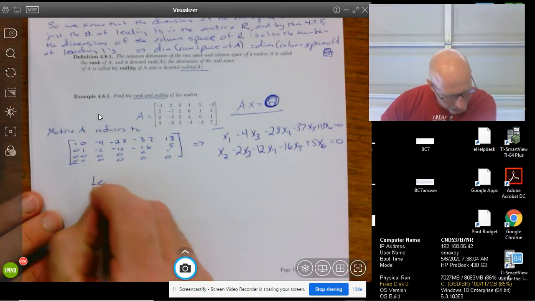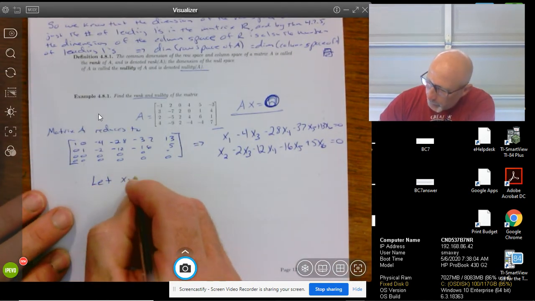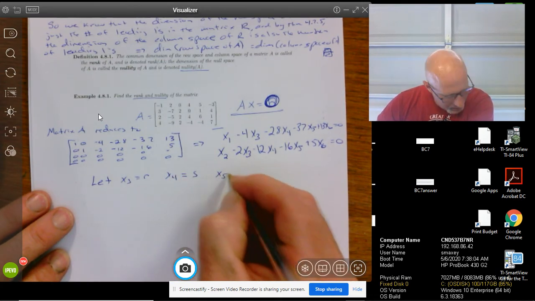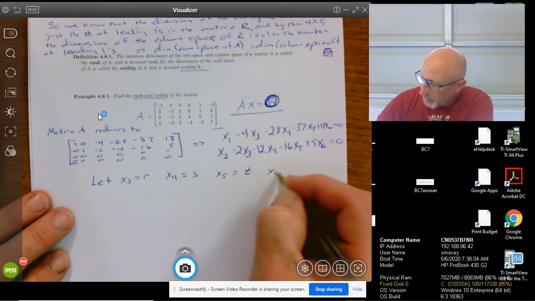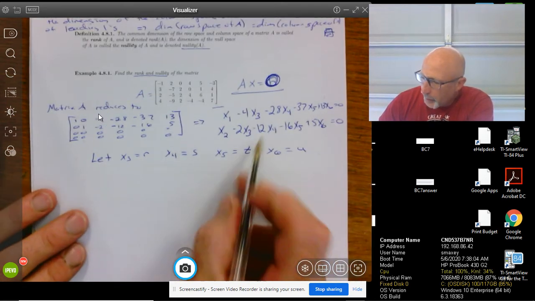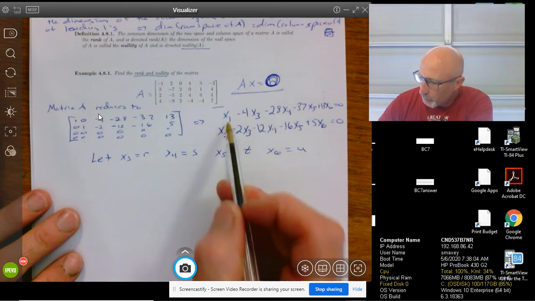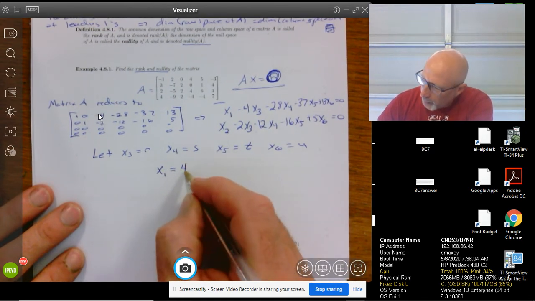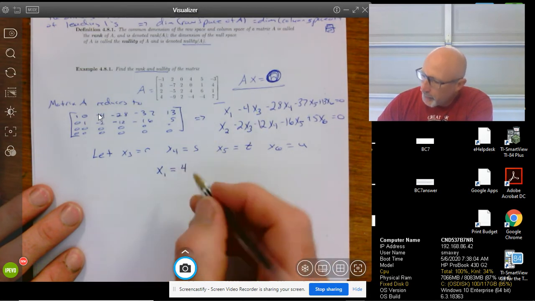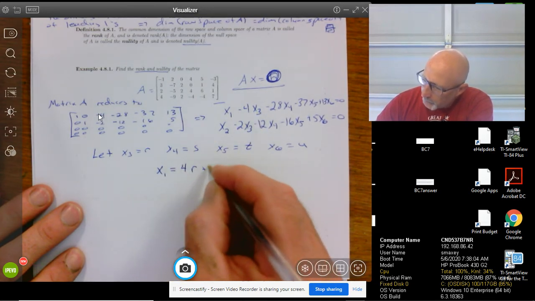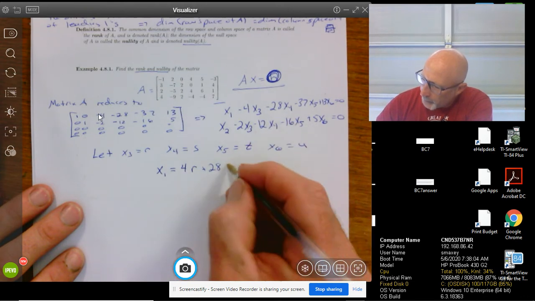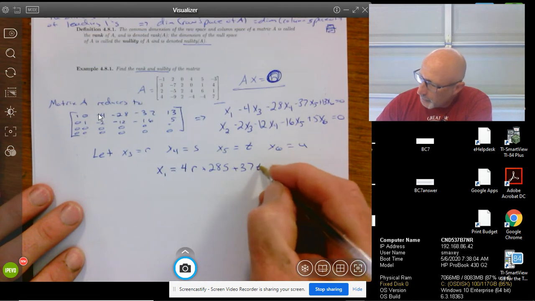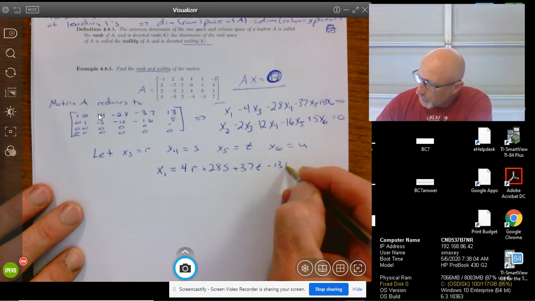So I'm going to let x3 be equal to r, x4 equal to s, x5 equal to t, and x6 equal to u. Then plugging that into these equations and solving for x1 and x2, I have x1 is equal to 4x3, but that's r, plus 28x4, that's s, plus 37x5, that's t, minus 13x6, which is u.